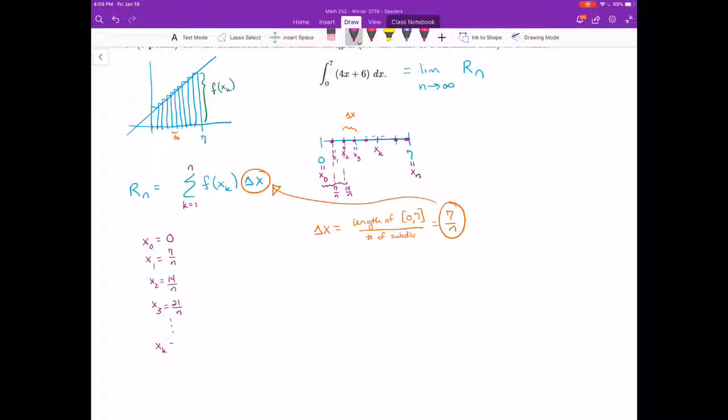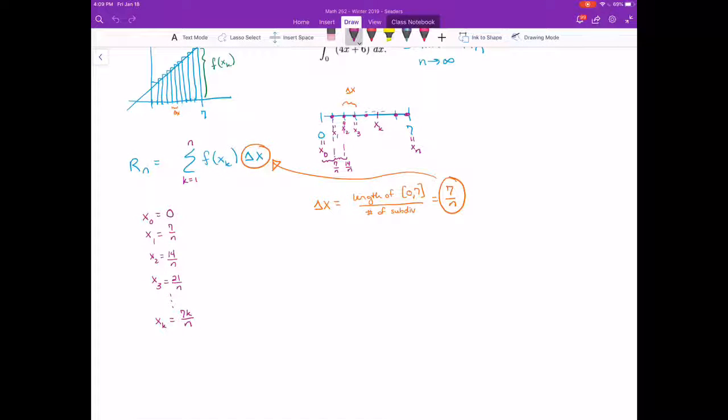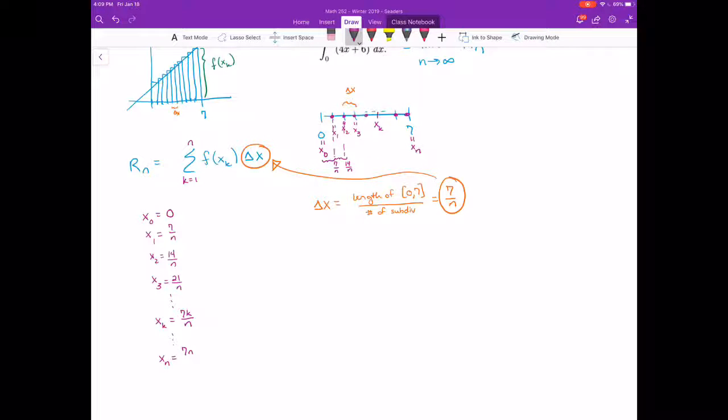So I start noticing a pattern, and I see that x sub k is going to be k times 7 over n to the right of 0, or 7k over n. A way to check that I got the right thing is to just check x sub n. So when I plug in n for k, I get 7, which is my right-hand endpoint.